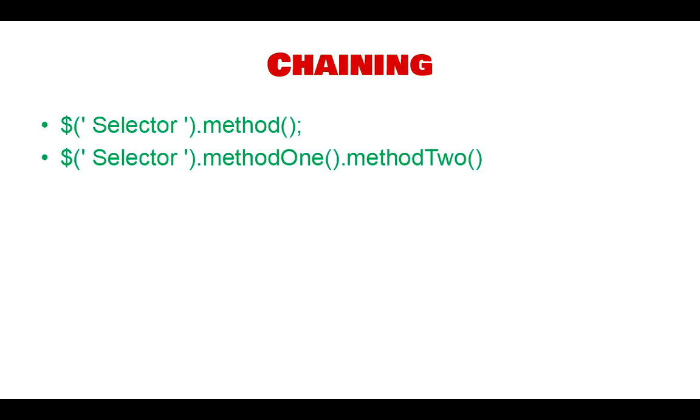Okay, now I'm going to talk about chaining. Chaining is about methods, where you put single or multiple methods on a selector. You can put one method in one selector and numerous methods in one selector.